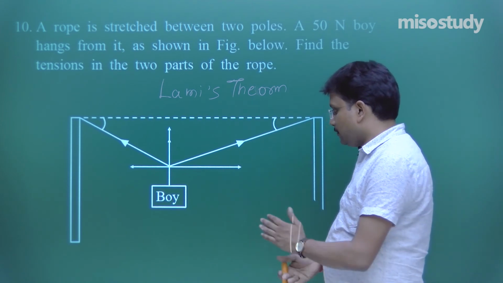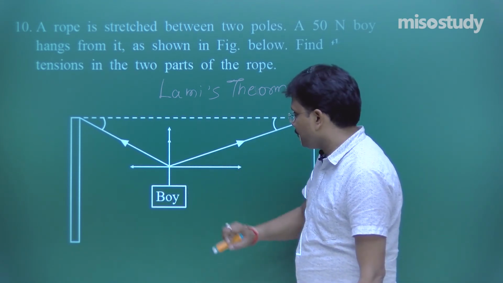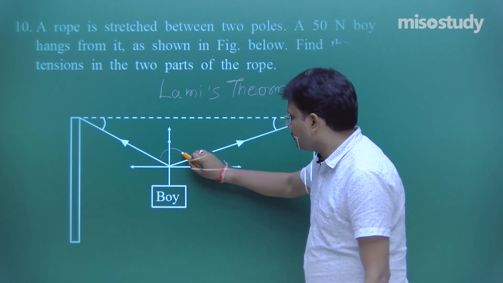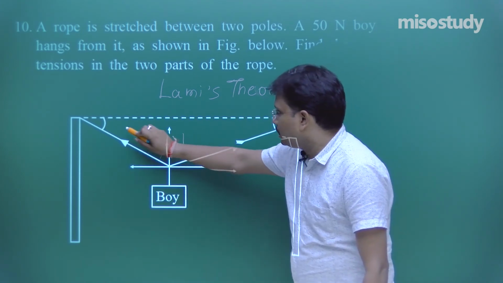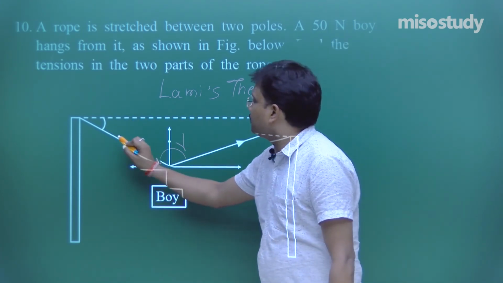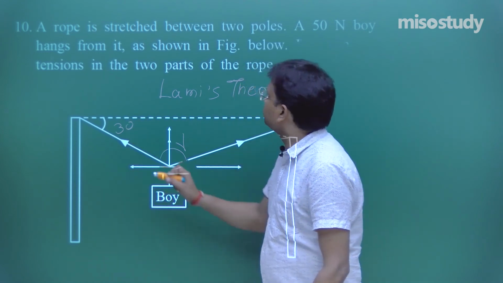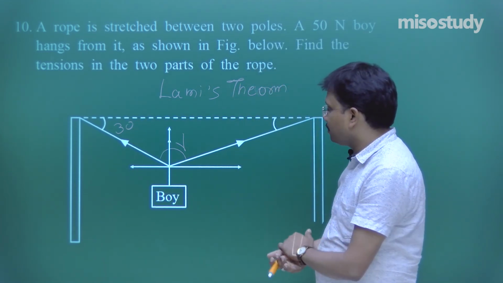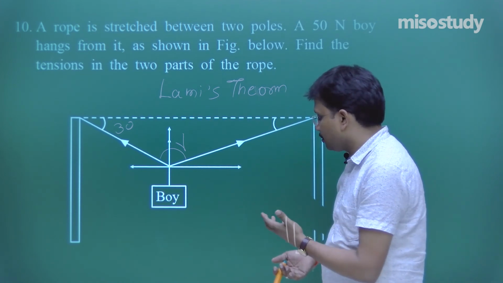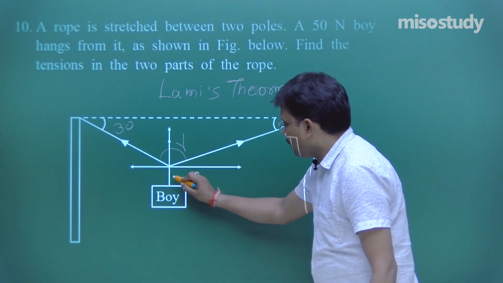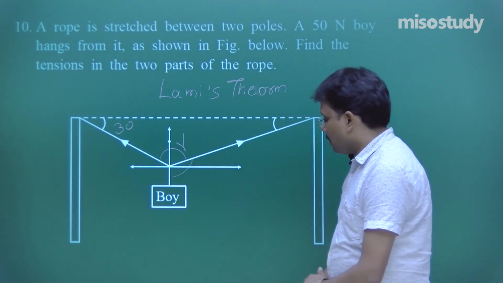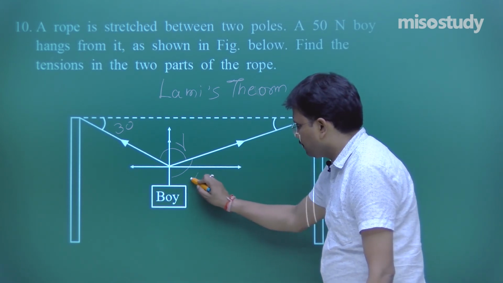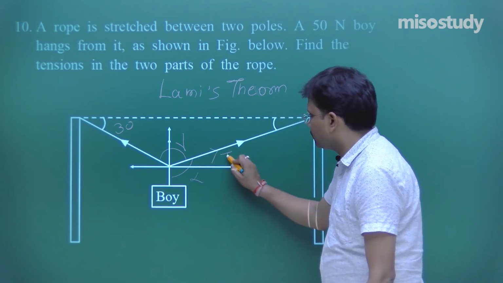So first I will complete the diagram. Let's say this angle is gamma, this angle is 30. I am definitely not mentioning these results so that you have to solve by yourself. And then this angle is going to be, let's say, alpha. This is one tension, let's say it is T2.